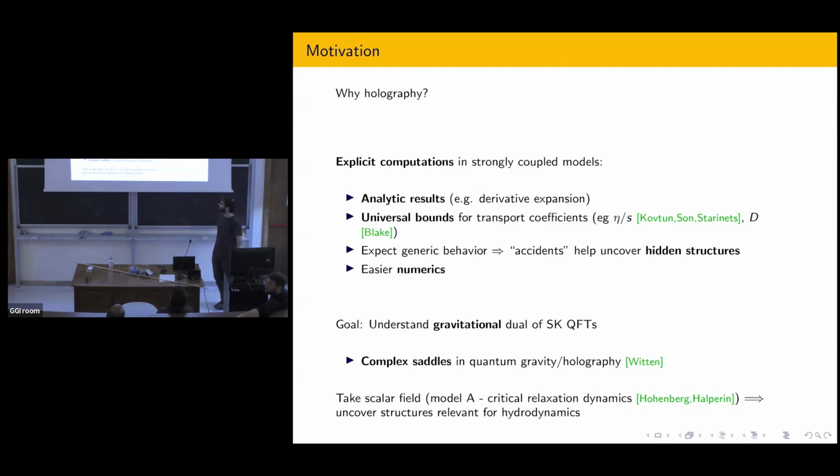So the goal of this talk is to shed some light on the gravitational duals of Schwinger-Keldysh quantum field theories. This is somehow related also to the recent discussion about the role of complex saddles in quantum gravity and holography, but of course, I don't have anything to say about that.